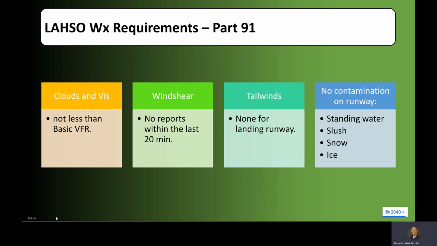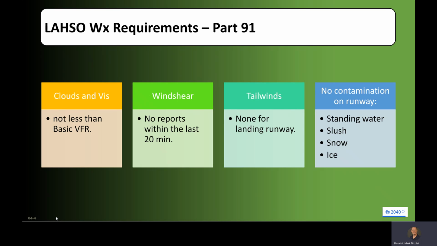So let's go over a few of the requirements, looking first at weather. If you read in the AIM, it didn't really give you the best guidance for what the weather requirements are. The advisory circular had some better information for it. Dealing with the clouds and visibility, first of all, we can't be less than basic VFR.